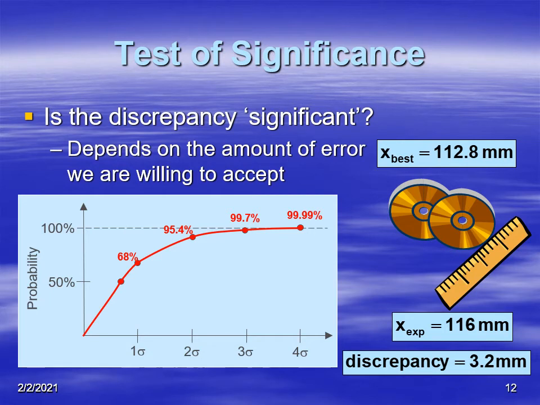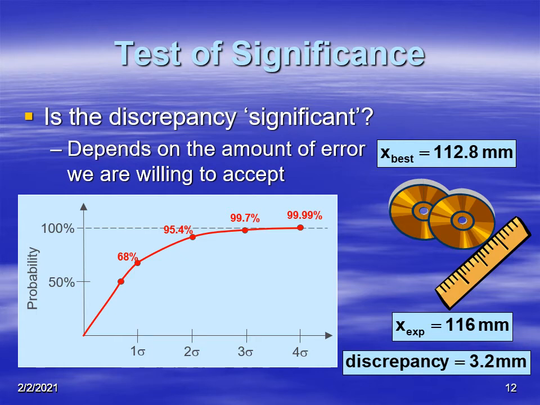To calculate if a discrepancy is significant, you have to figure out how much uncertainty you're willing to accept. Is it 1 standard deviation, 2, 3, or whatever? To calculate the discrepancy, you take the best estimate or the average and subtract from that your experimental or measurement value.